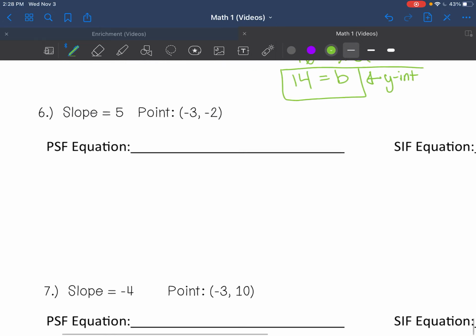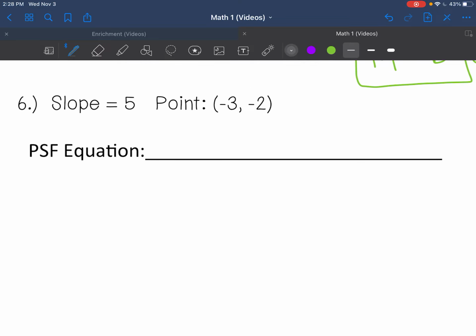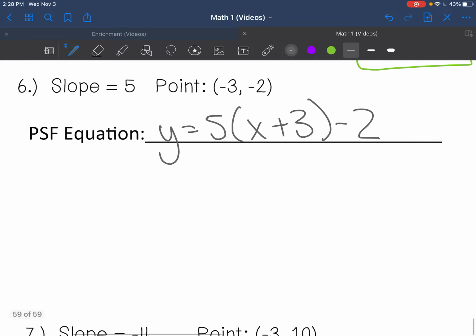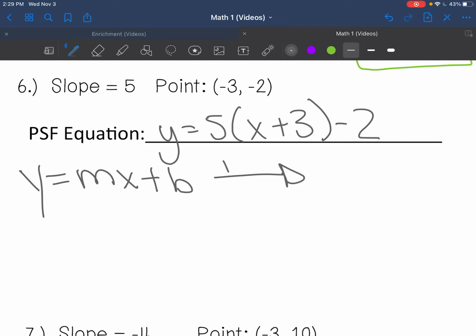Okay? So, looking at number 6, we have a point slope of y equals 5 times x plus 3 minus 2. And the reason why I can go fast here now is because you guys have done so much point slope of an equation. Now we're going to plug in. So using that y equals mx plus b, we're going to plug in.